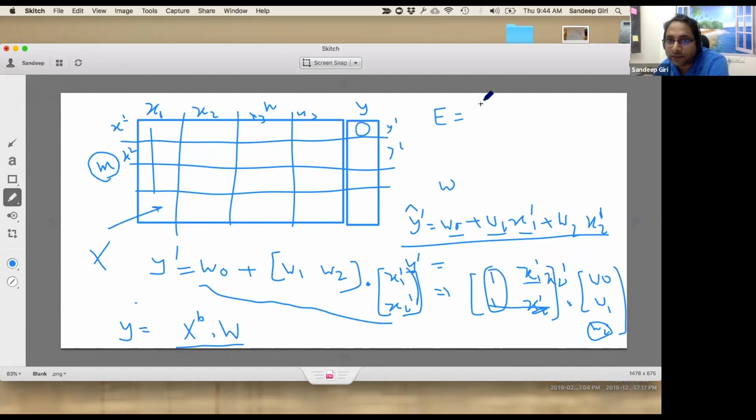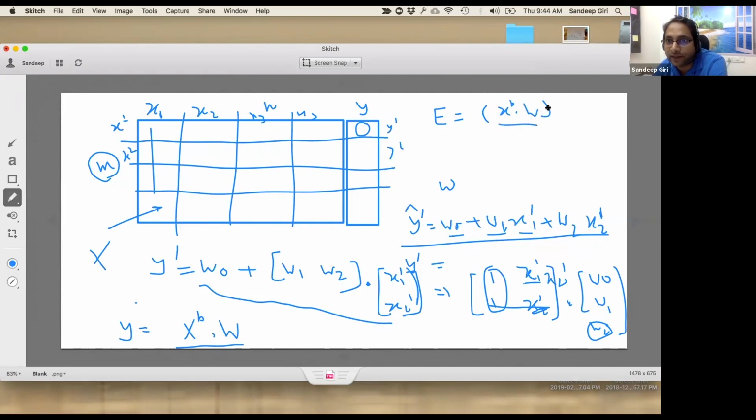Whatever we have done here, let's express this as x dot w. If the whole equation, we could say x along with bias, each row along with bias, multiplied by weights.